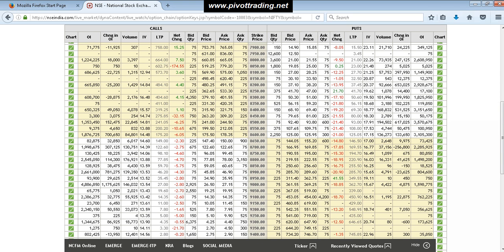So now let's consider two examples. We will consider a case of bullish view and a case of bearish view. Now the Nifty index is currently at 8600, and let's say my analysis, my chart analysis, my formula says that Nifty is going to go till 8900, that is 300 points above, in 1 month's time.